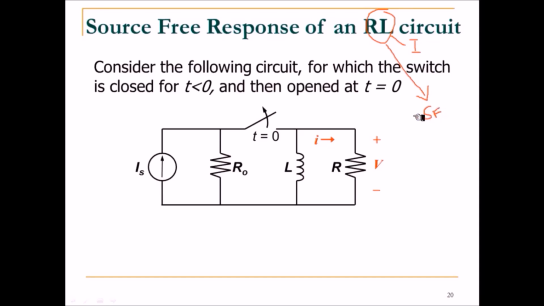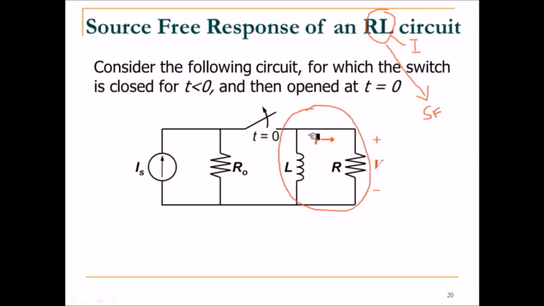So how do you generate the source-free response? To generate source-free response, initially you are applying a source, you are closing the switch. When you close the switch, current will flow through the inductor and other resistors in the circuit. When you open the switch at t equal to 0, then you have only inductor and resistor present in the circuit.